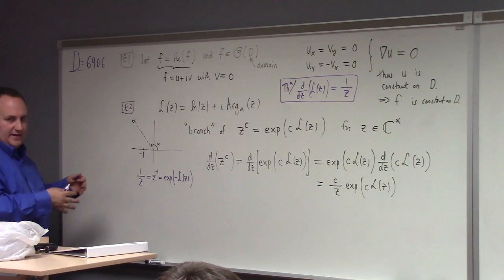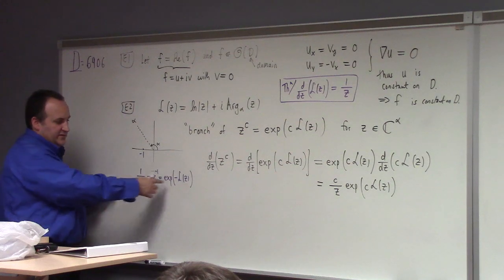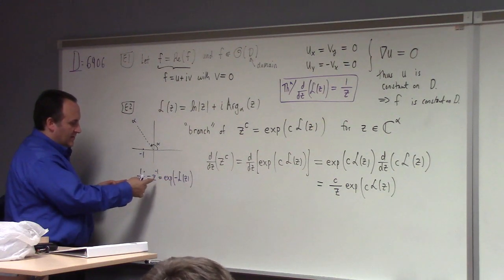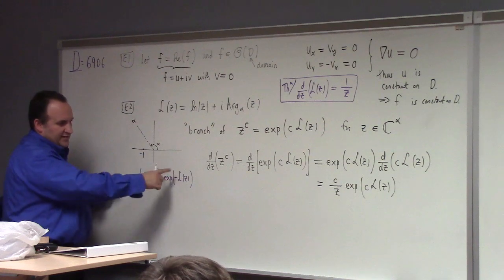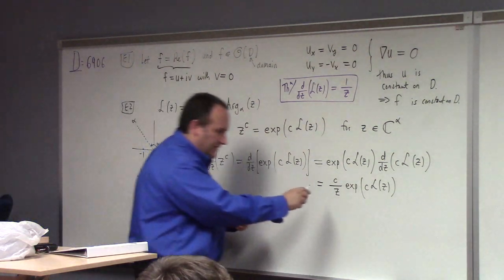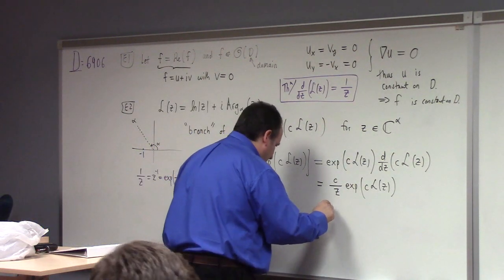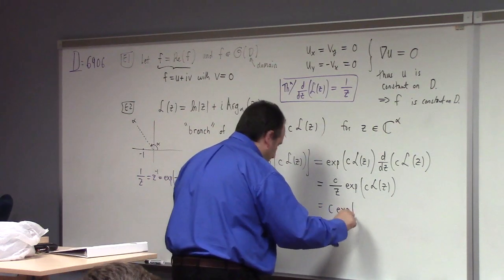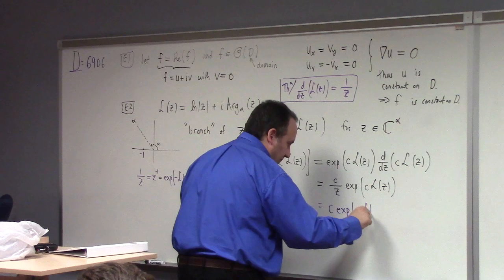Anyway, that could be done. I'm not going to belabor that. The point is that this is true, and I think that makes sense. So the point is we can make this calculation. We can rewrite this as c times the exponential of minus log z.